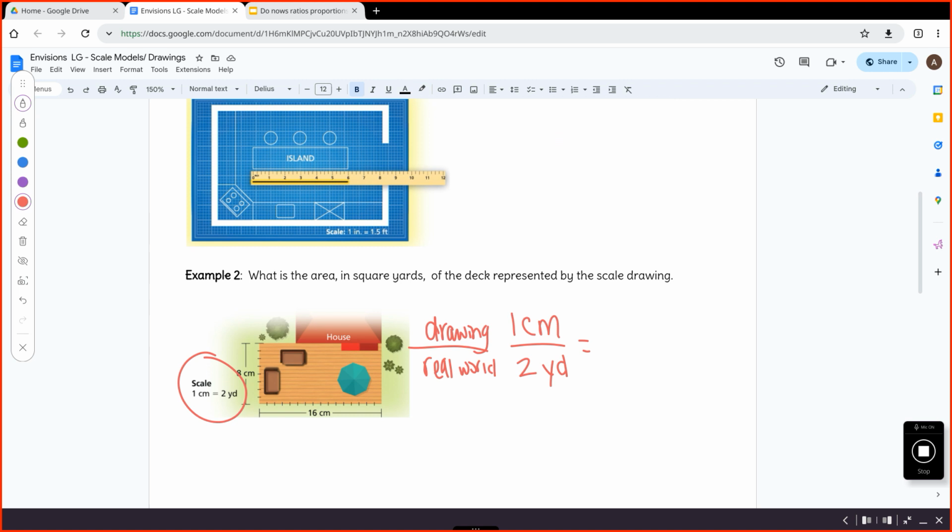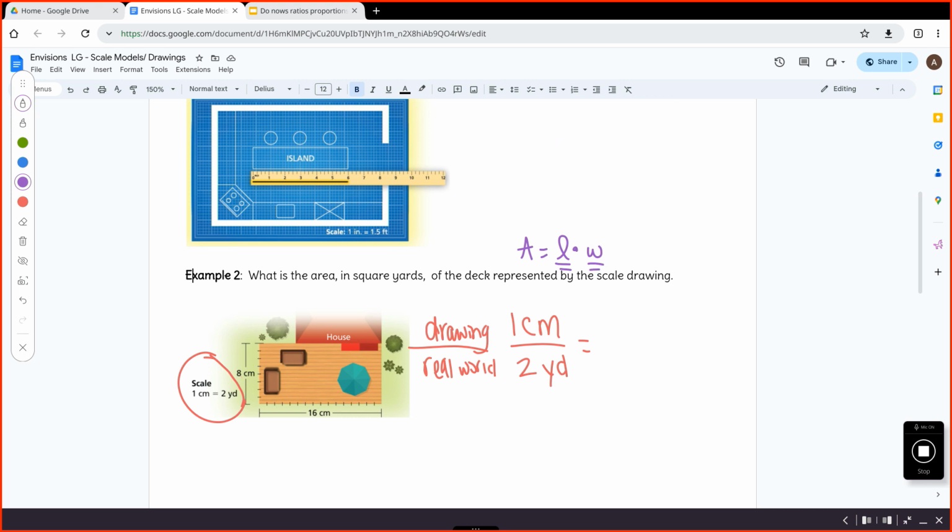We're trying to find the area in square yards of the deck. Before we can find the area, we need to worry about the length and width, because area is equal to length times width. So first we need to find the length, then the width in the real world.